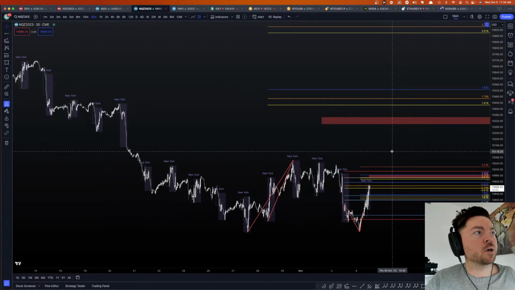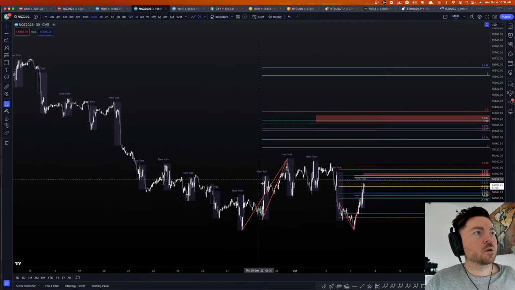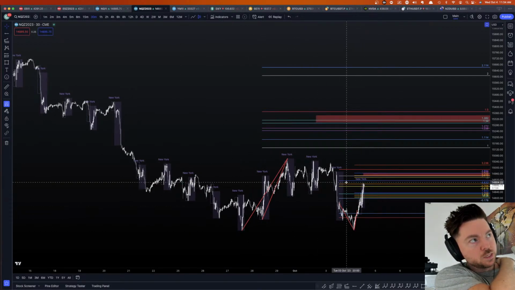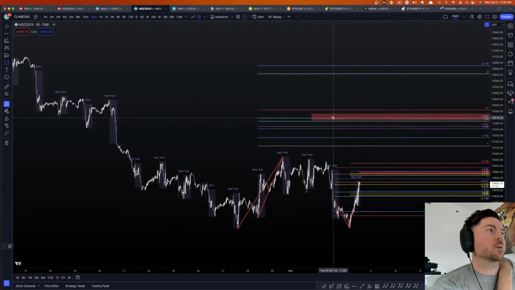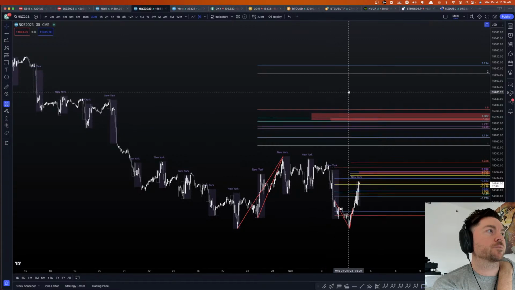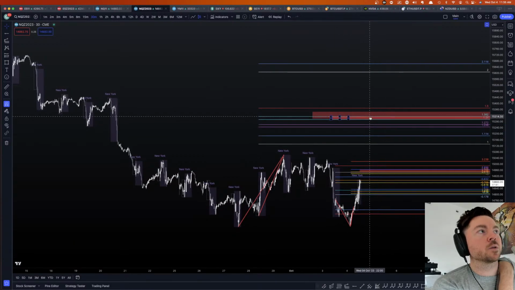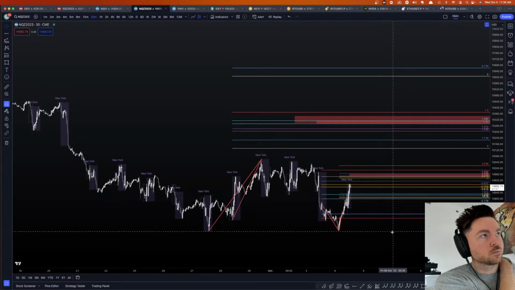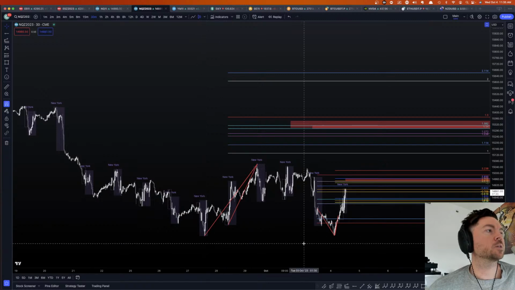I think more valid as a corrective one, like a B, C, and then there's confluence with the ending diag targets here in that zone. So I think that's still in play. I mean, it is for me as long as that low doesn't get taken.